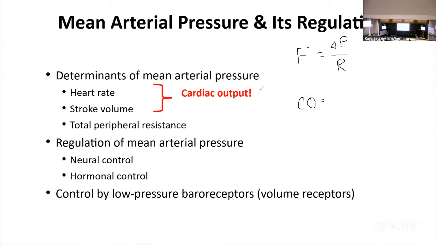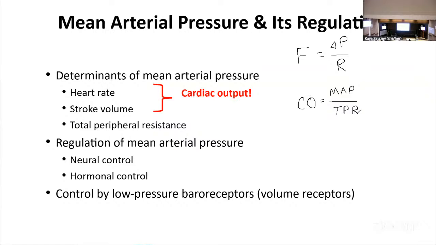Central venous pressure is usually quite low, so we can abbreviate that pressure difference, wave our hands a little, and say it's essentially the same as our mean arterial pressure. We're going to divide it by a resistance, which is all the resistance in all the blood vessels throughout your body added up, mostly coming from arterioles, but not entirely. That's our total peripheral resistance, TPR.